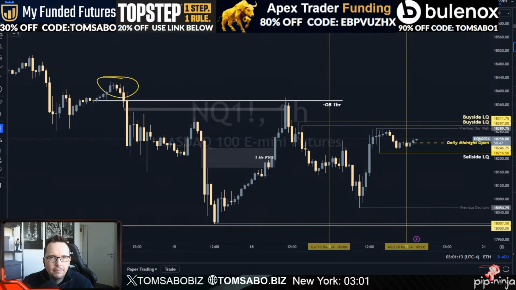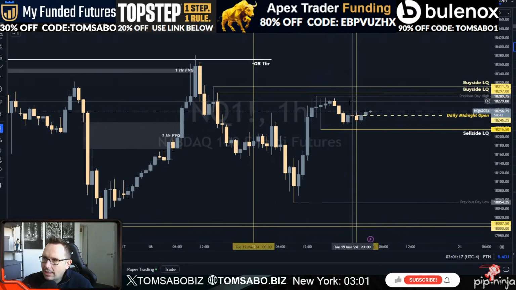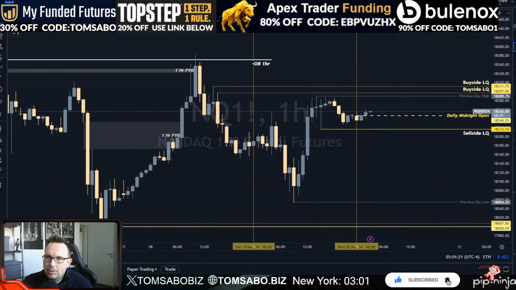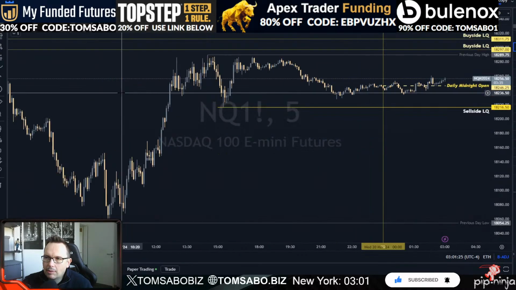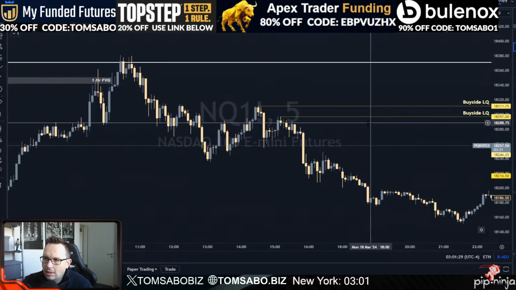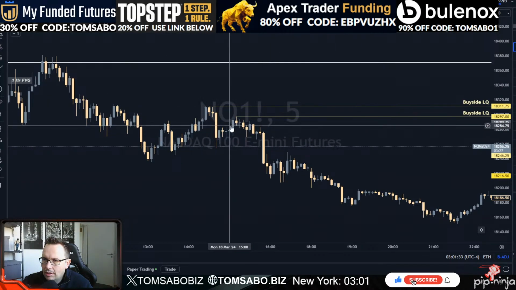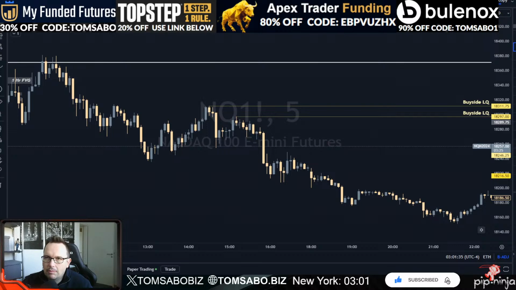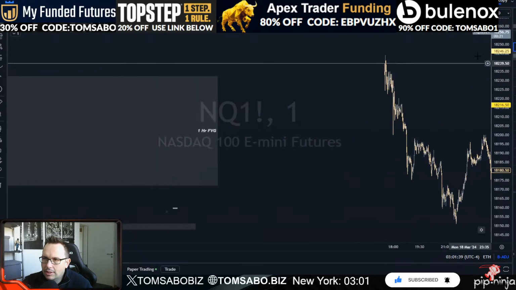Let's see. We have some buy side up there. If we go down to lower time frames and look to the left, I think it was on the 5 or the 1 minute. Yeah, right here. It's from Monday. Is this an order block?